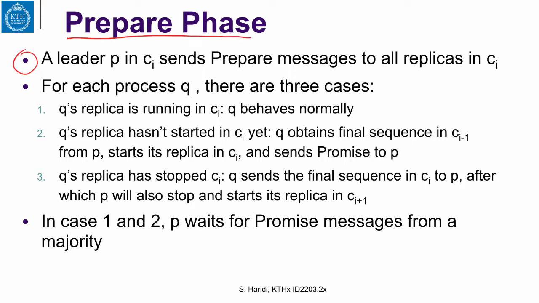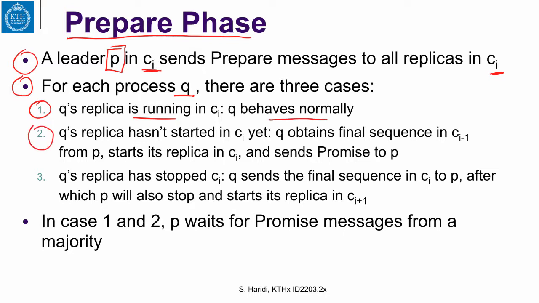If you have a leader in a prepare phase and this leader is in configuration C_i, it sends a prepare message to all replicas in C_i, and then for each process Q we are going to have three cases. Either the process and its replica is running in this configuration, so things behave normally.